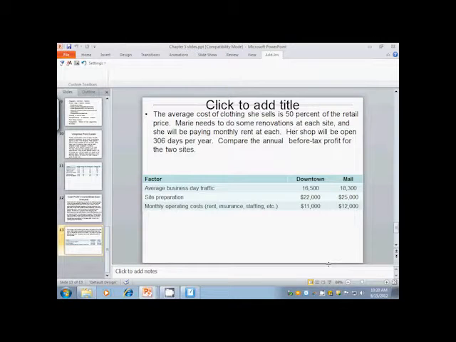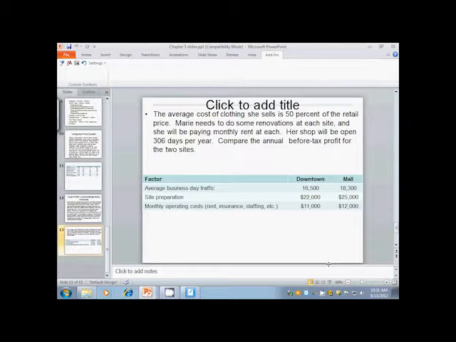She has some renovations she has to do, which is listed on the chart as site preparation, and she'll be paying a monthly rent at each place. How many months in the year are there? 12. Her shop will be open 306 days per year.